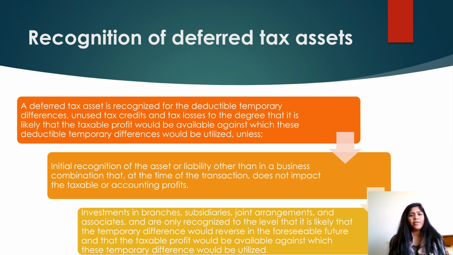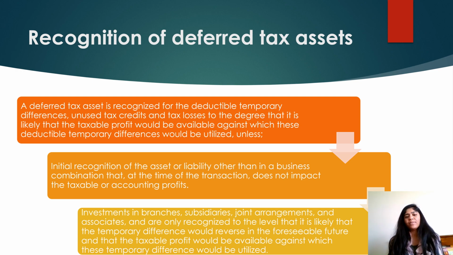The next slide represents the recognition of deferred tax assets. Here we can see that a deferred tax asset is recognized for deductible temporary differences, unused tax credits, and tax losses to the degree that it is likely that taxable profit would be available against which these deductible temporary differences would be utilized. The initial recognition of an asset or liability other than in a business combination that at the time of the transaction does not impact the taxable or accounting profits.